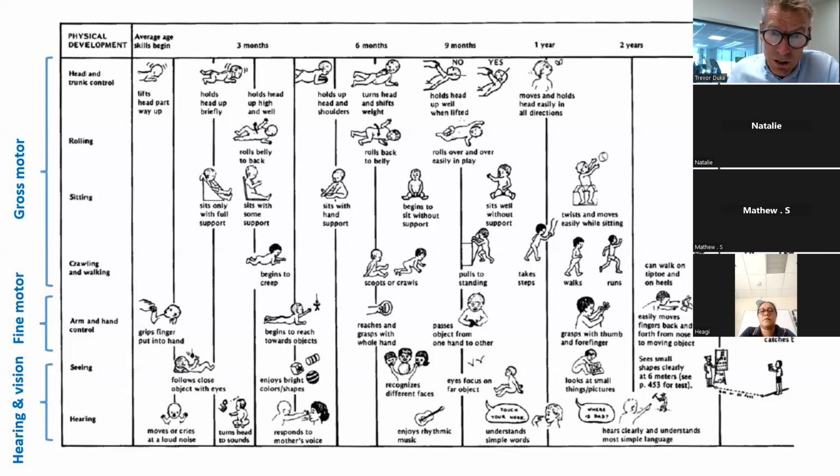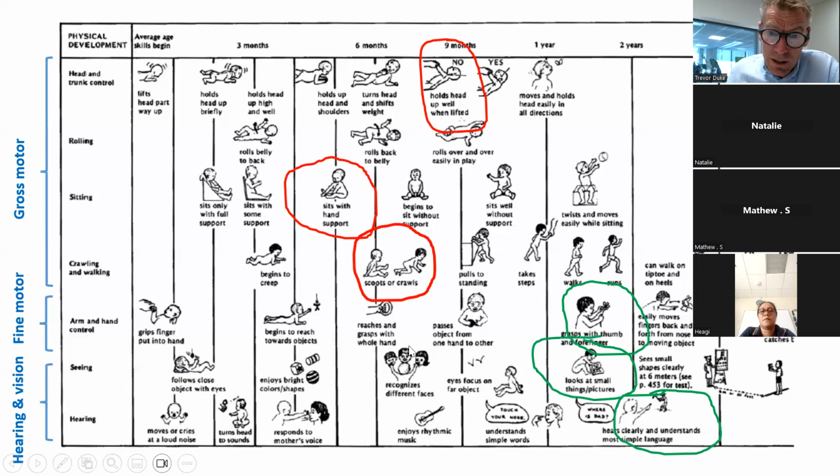And so this child that I talked about before was quite good in terms of fine motor skills. So this 2-year-old had quite good fine motor skills, and they could look at pictures in a book, and they could understand most simple language.